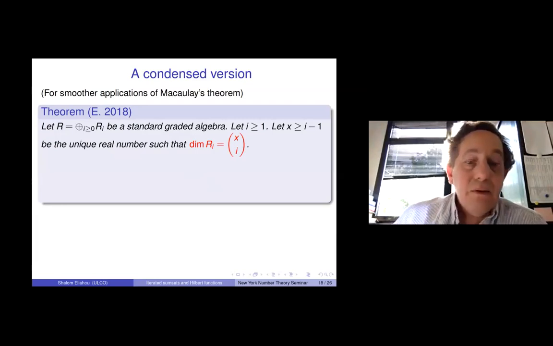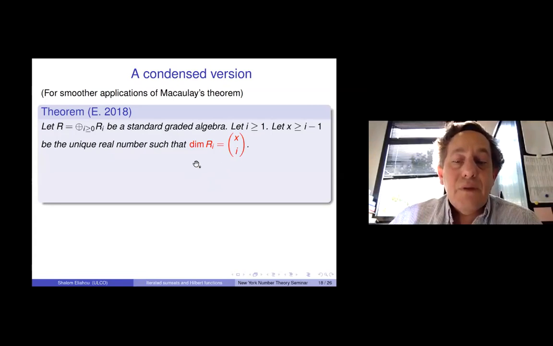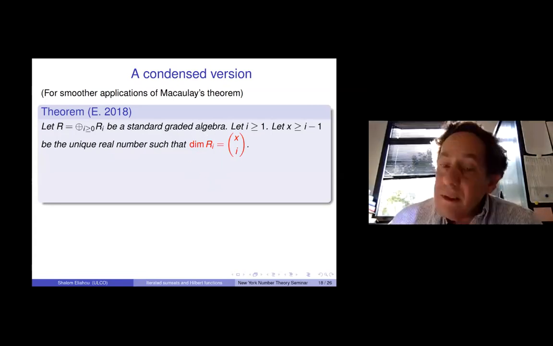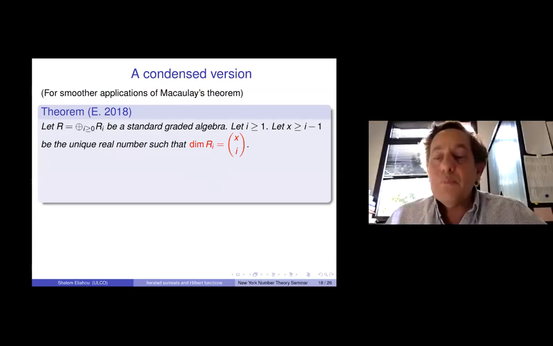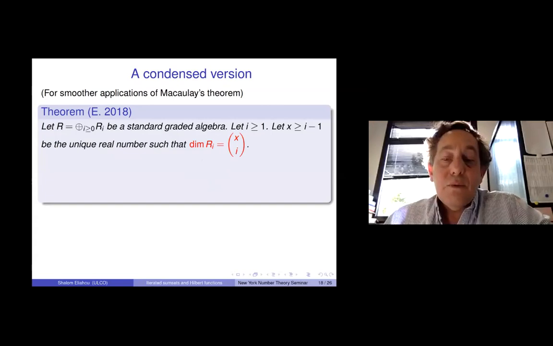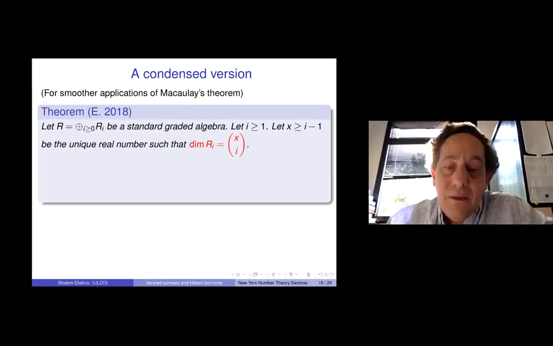Let x be the unique real number such that you represent the dimension of R_i in this way. So this is where we need the corollary of the previous slide. This is where x comes from. It's unique, and given i, it allows to represent this dimension in this way.